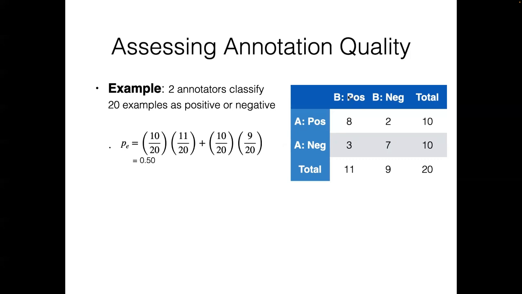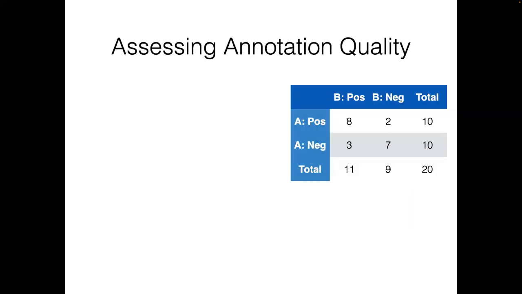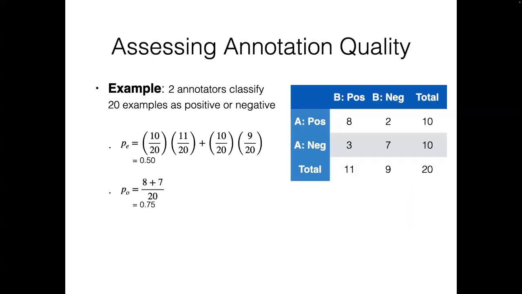But you basically look at, for a given annotator and a given label, what is the expected probability of them giving each label? And then you look at the expected agreement. Okay, I'm sorry.